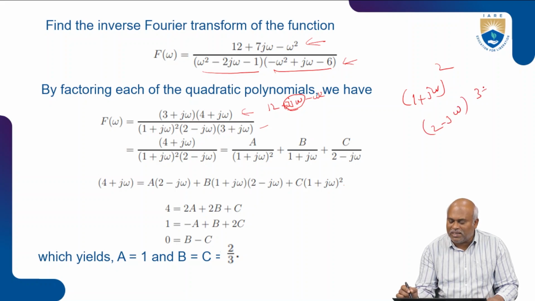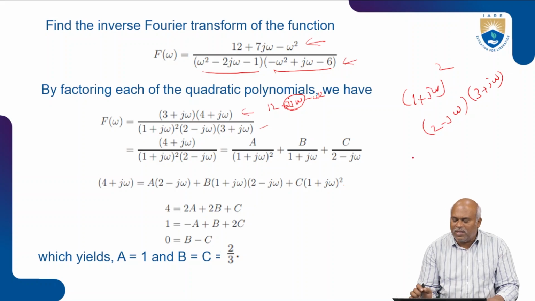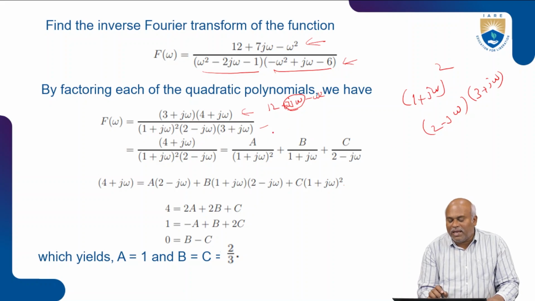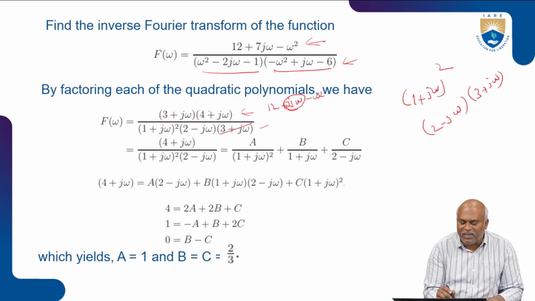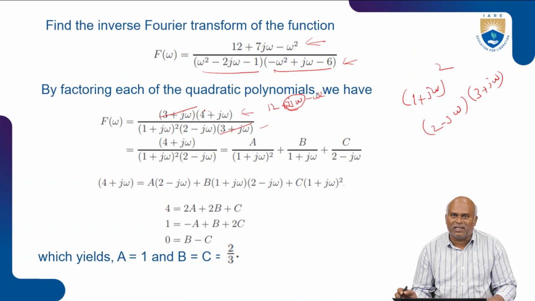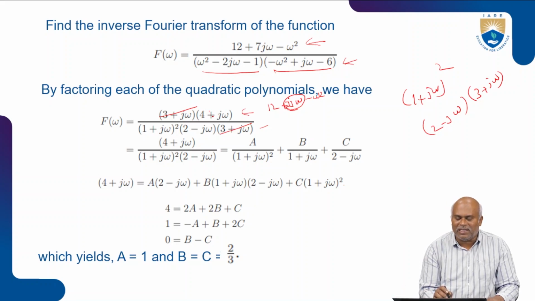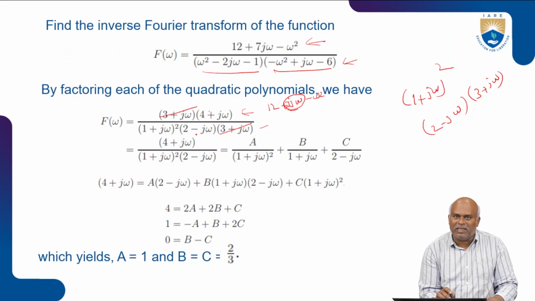Now comparing numerator and denominator, the 3 + j omega cancels. The remaining portion is (4 + j omega) divided by (1 + j omega)^2 (2 - j omega).